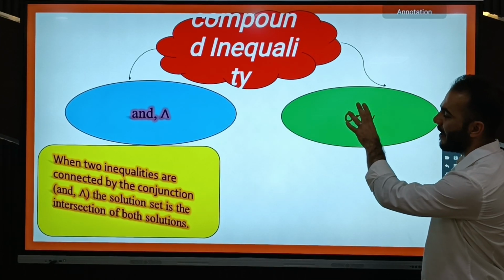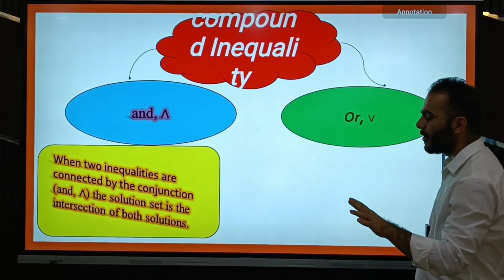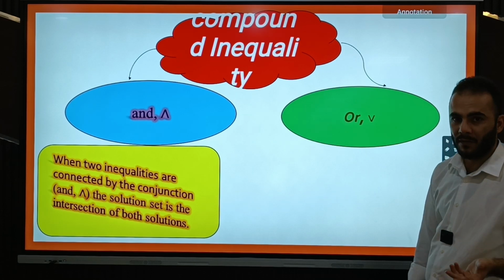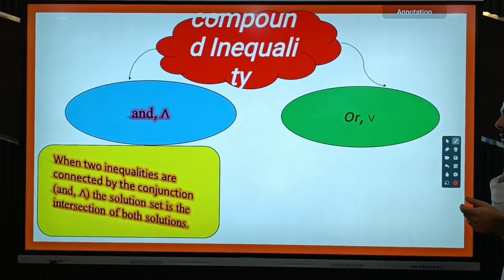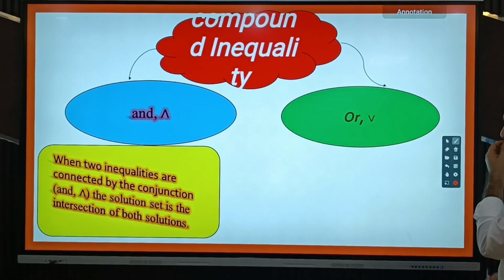So when we have "and", immediately we need to think about intersection. What I mean by intersection, we are going to come to it.